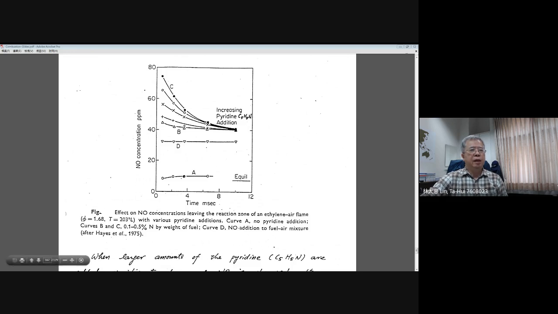Curve A represents no pyridine addition, a planar ethylene-air flame. But from B to C, the percentage of pyridine increases from 0.1 to 0.5. From B to C, a continuous increase, then the NO concentration will be increased. But for D, we directly add the NO into the system.